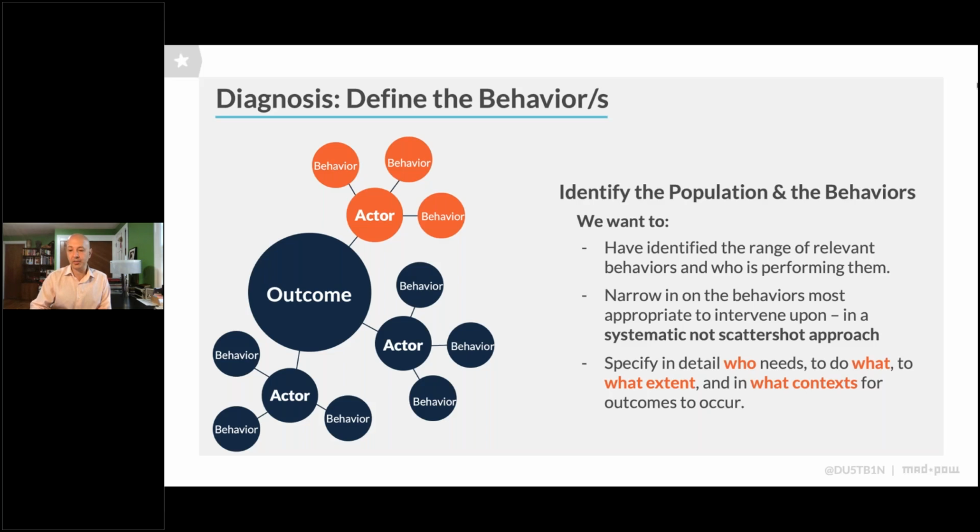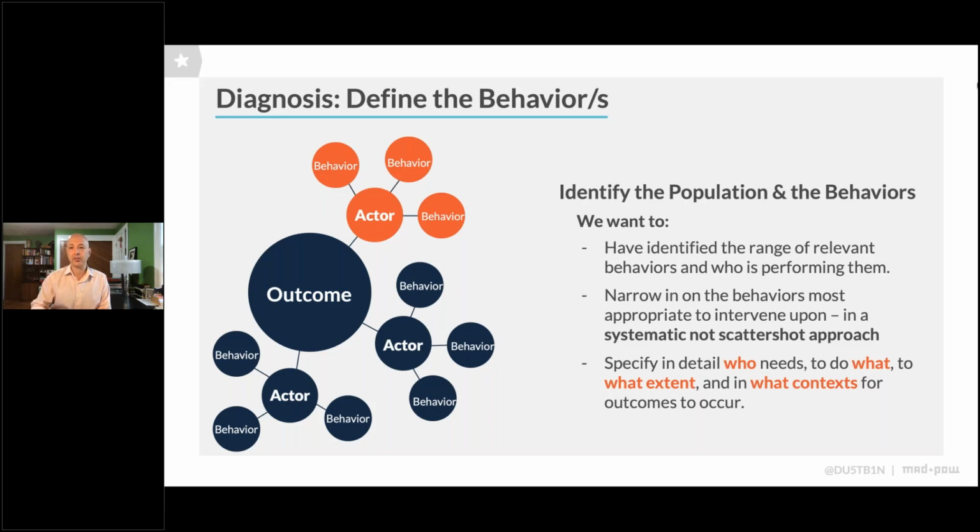It's one thing to say our members or our population should take medication as prescribed, but it's another thing to think about how that medication was prescribed by the clinician, what kinds of stigma effects might be around that particular medication that would affect a person's taking or not taking the behavior. So really understanding the different roles and influences different people have on different behaviors that affect our outcome.